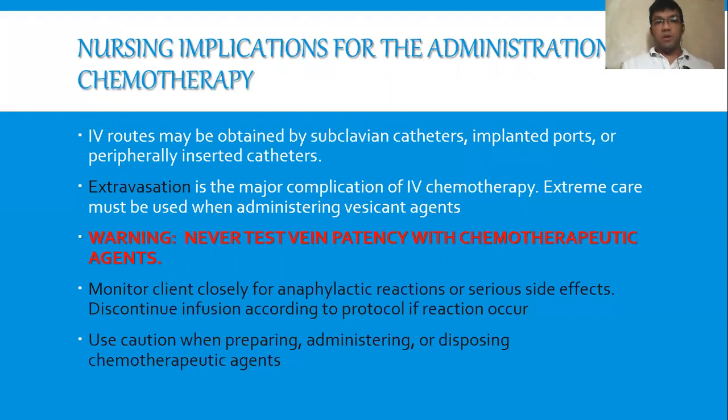Now, what are the different nursing implications in the administration of these chemotherapeutic agents? IV routes must be obtained by subclavian catheters or implanted ports or peripherally inserted catheters. So usually for IV, it is done by inserting subclavian catheters, and of course peripheral veins are the ones used in the administration of chemotherapeutic agents.